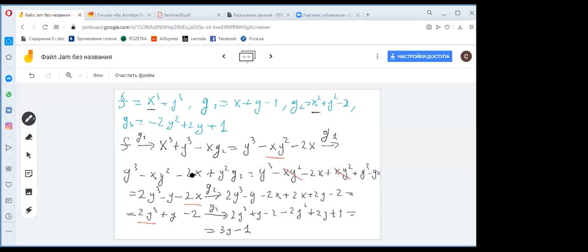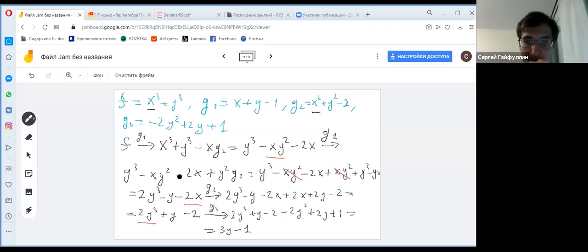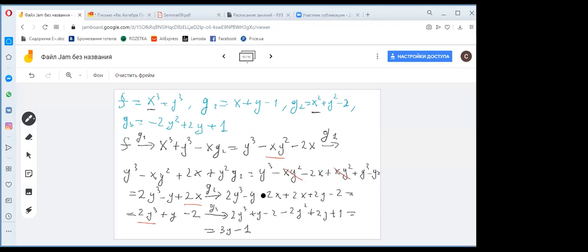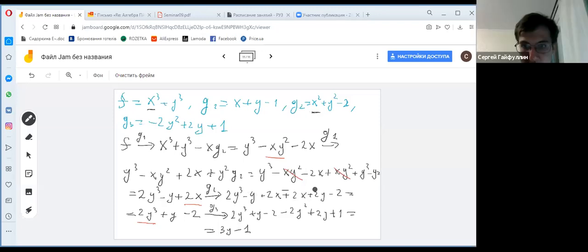There is x cubed plus y cubed minus x g2, and this would obtain plus 2x. Yes, of course. You're right. Here is plus. Here is plus. Here is plus, minus, minus, plus. I'm sorry very much.